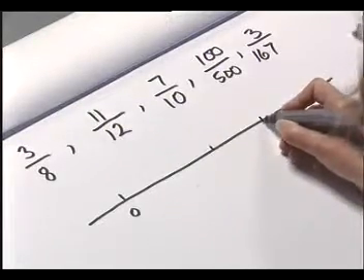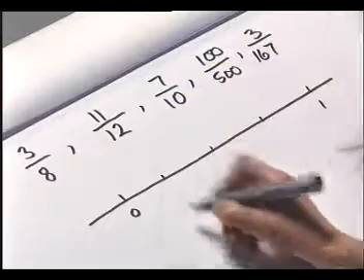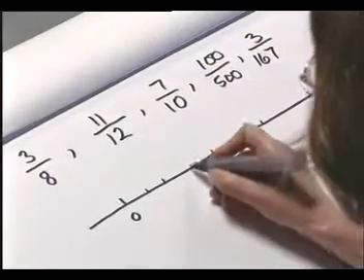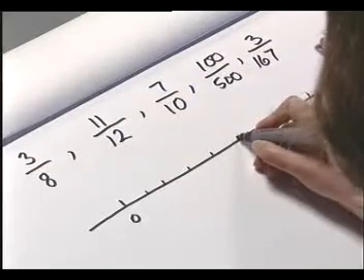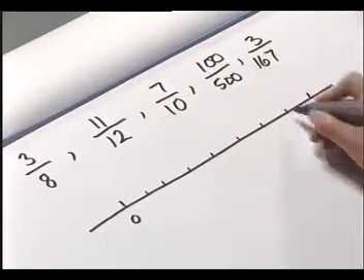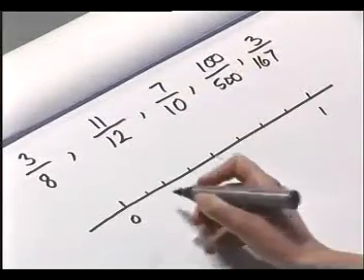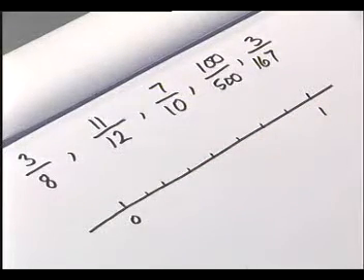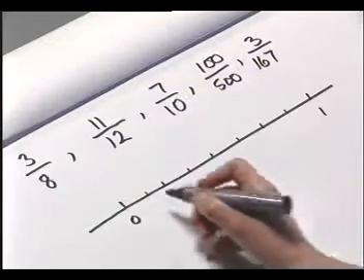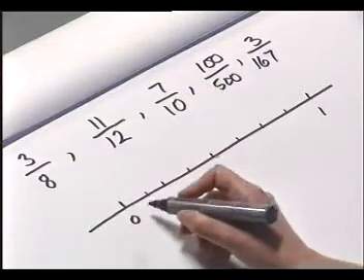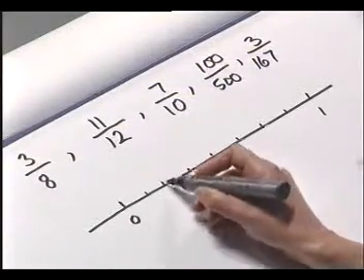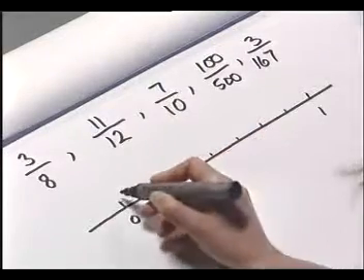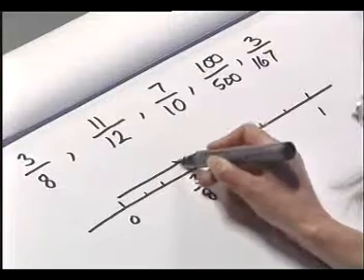Now, obviously, this is an illustration, so I'm not actually getting my ruler out to make sure I've got equal size pieces, but hopefully that's about right. So we've got 1, 2, 3, 4, 5, 6, 7, 8 pieces of equal size, and I'm going to take 3 of them. So if I take 1, 2, 3/8, that's where my 3/8 will be.